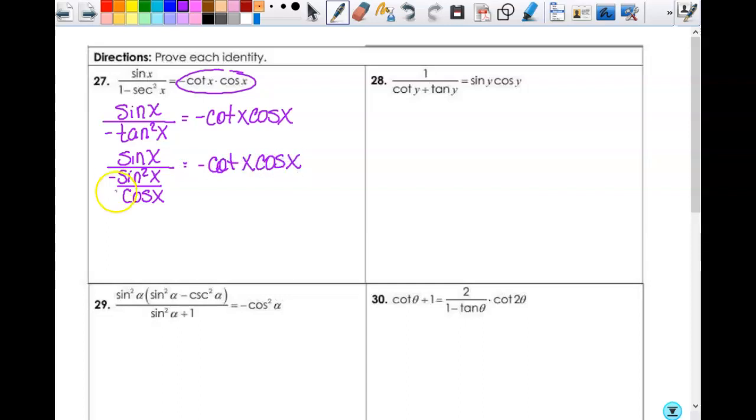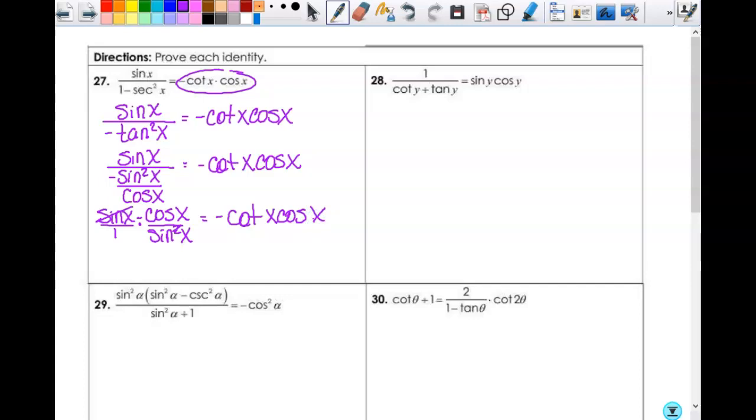Then in the denominator I have a fraction, so I'm going to multiply by the reciprocal. I highly suggest you actually write that out because so many of you are saying you're doing that, but you're not really doing that. So when I take the reciprocal, this is still negative out front, and then it'll be cosine over sine squared x. So this sine cancels out with one of those, and that's equal to negative cotangent x cosine x.